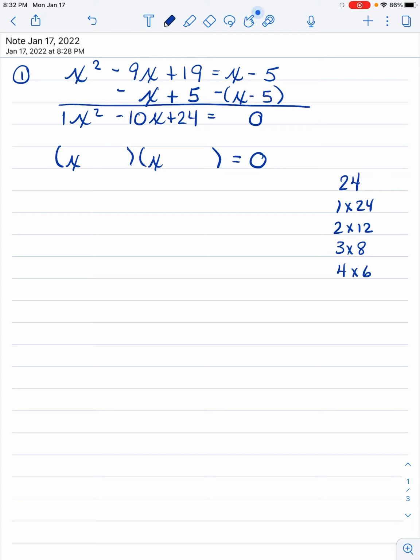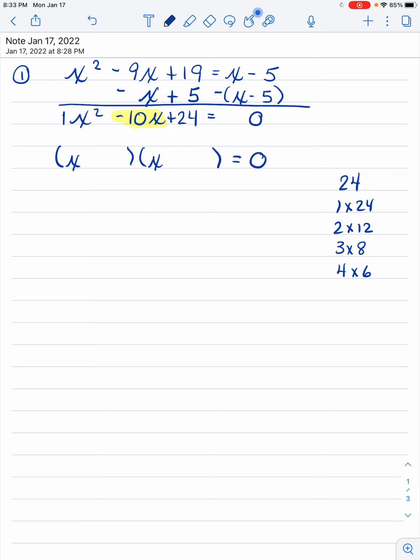Okay, so how am I going to pick which one to use? Well, I'm going to look at my x term over here. And it says minus 10x. That means first of all that the two numbers I'm going to multiply to get 24 are going to have to be negative, because two negatives multiplied together give me a positive, but this middle term, the negative 10x, I have to get by adding these two factors together.